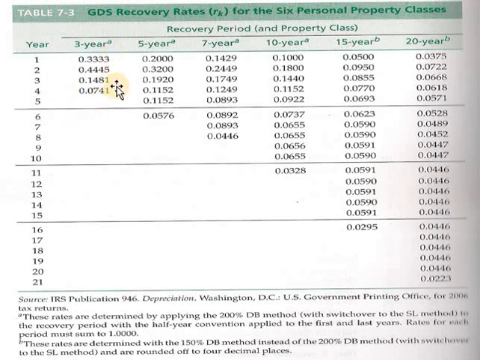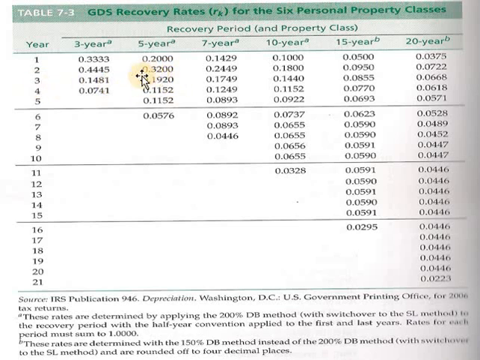So these are known as the recovery period. Now, for 5 years, we said that you'll have 6 rates. Also here, the summation equals 1. When I tell you that I have an asset that has a recovery period of 5 years, and I want to calculate its depreciation at year 3, I look at the column related to 5 years, and at year 3, I look at the intersection.